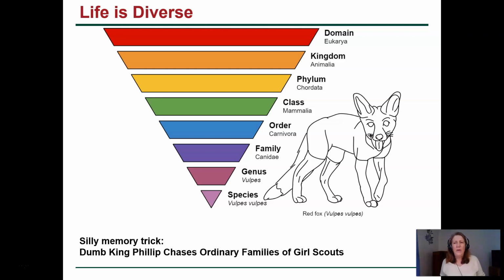So a silly memory trick to help you remember the order of this would be Dom, King, Philip. Philip goes with phylum, kingdom goes with king, domain goes with dom. Chases, that goes with class, ordinary, order, families, family, Girl Scouts. Okay, I know it's kind of a twisted sentence because what is King Philip going to do later? But that is a sentence that helps you remember.